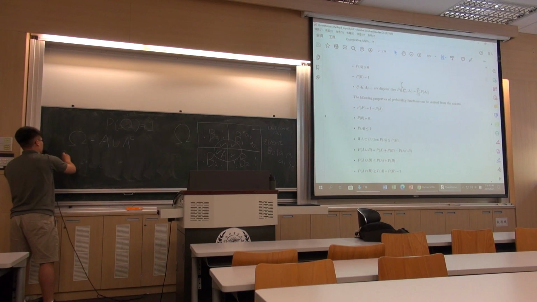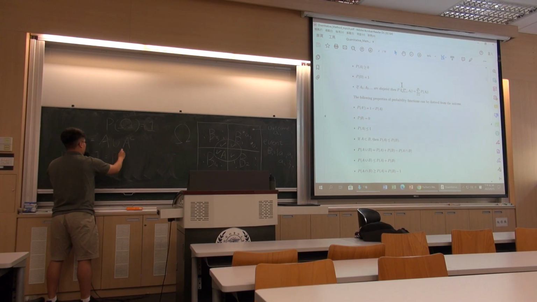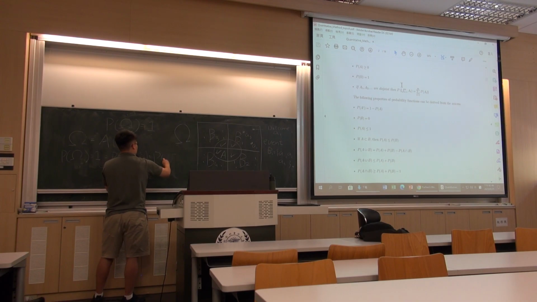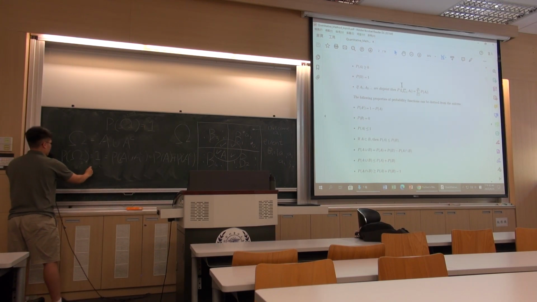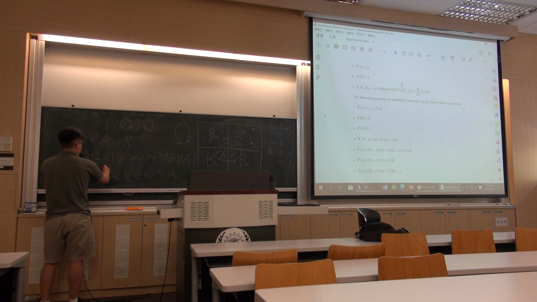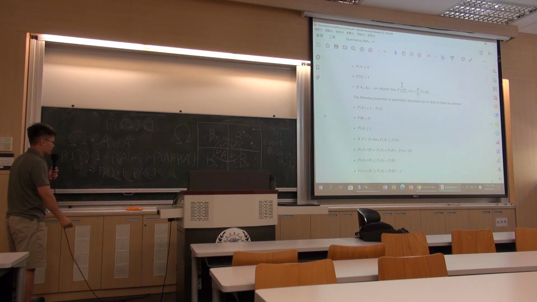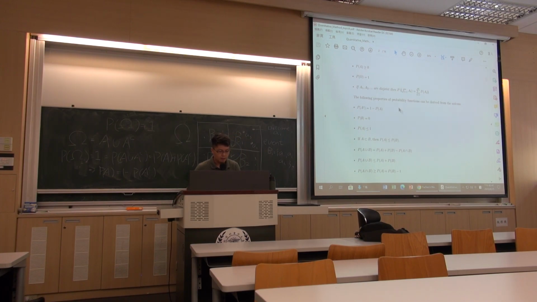So since we know this is 1, and from your right hand side, we know that, right? And that gives us the first bullet point. Okay. What else?